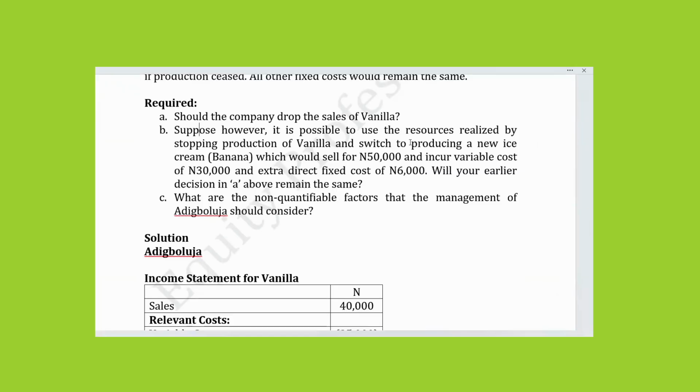Will your earlier decision in A above remain the same? So here, the examiner wants you to prepare the income statement for banana, and you then compare your bottom line with the result of vanilla. Whichever is higher will be the basis of your advice.